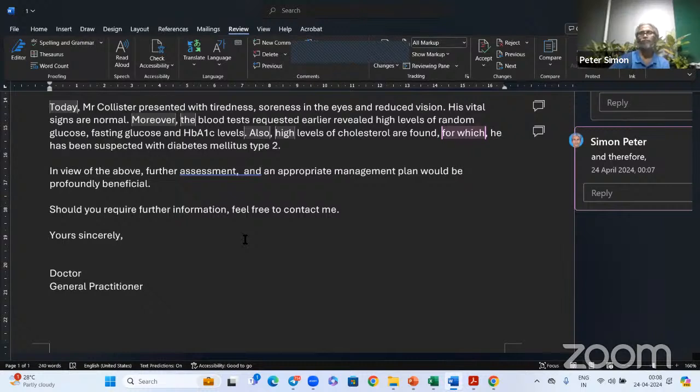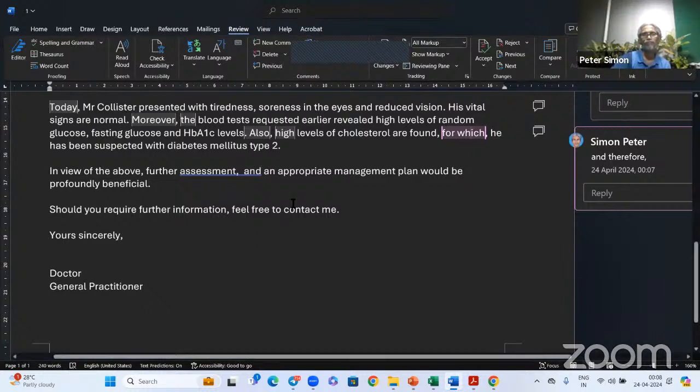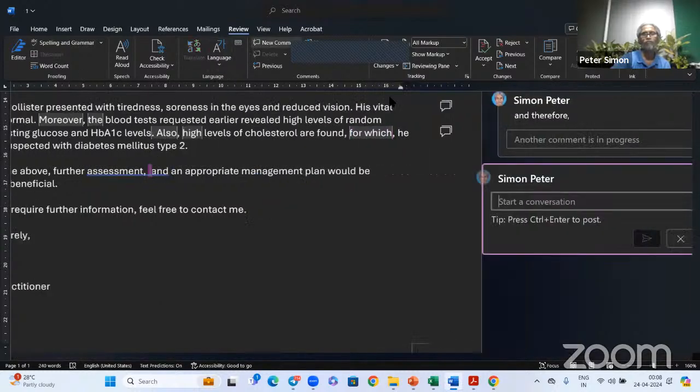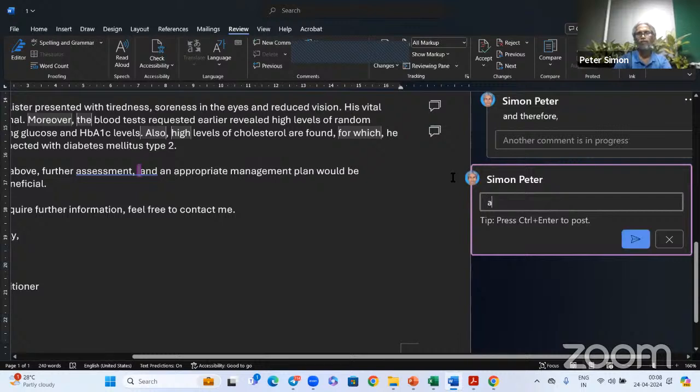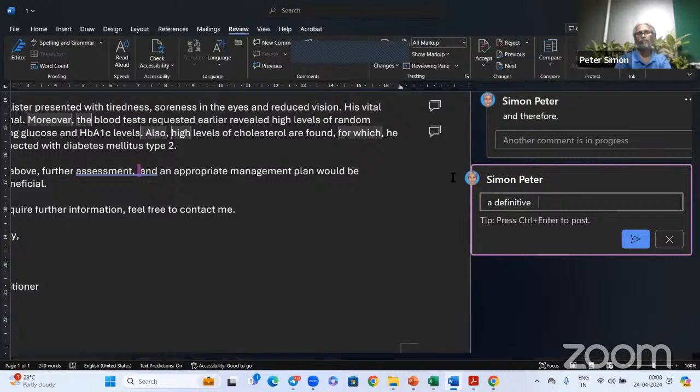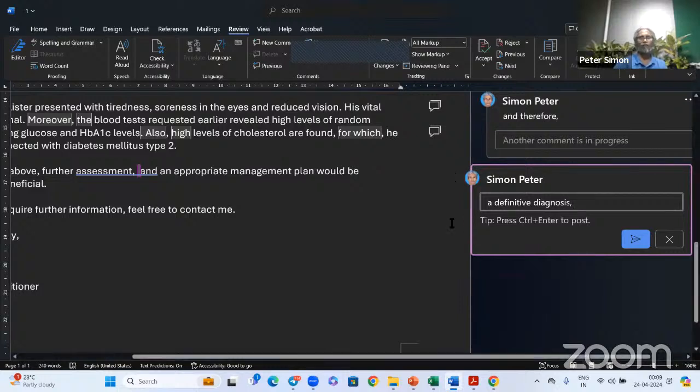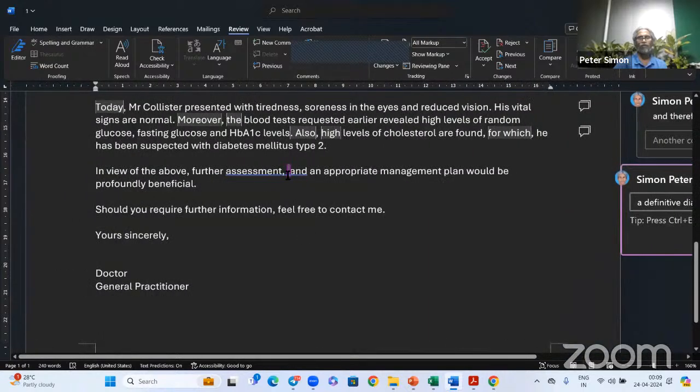Further assessment. A definitive diagnosis. And an appropriate management plan would be profoundly beneficial.